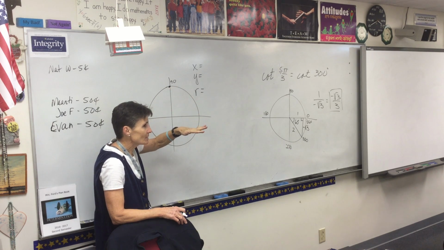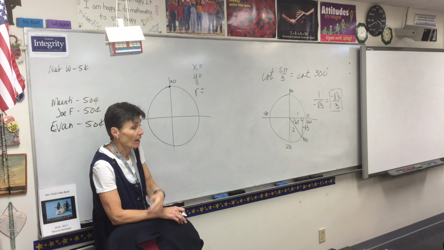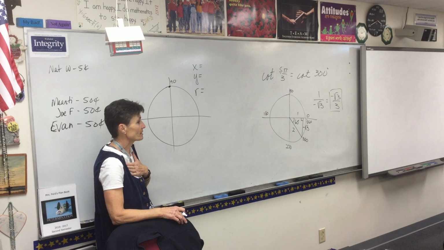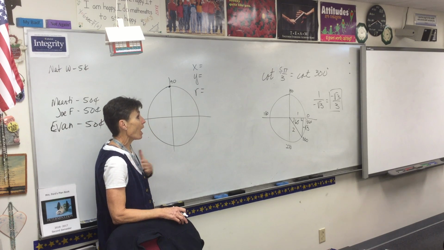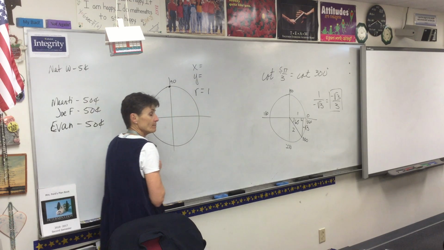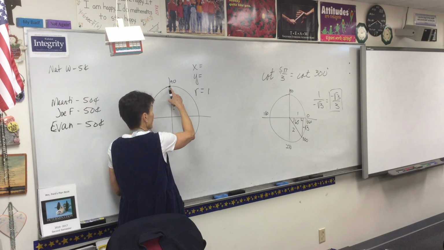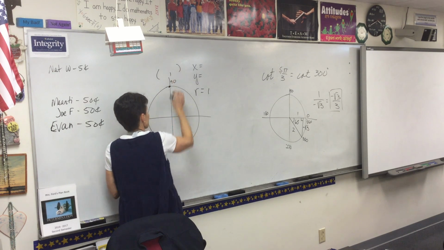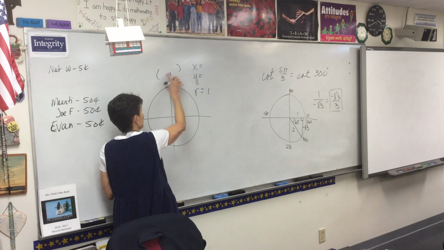Here's the fun part. You get to make up whatever radius you want. Now, personally, being the lazy bum that I am, I use 1 because 1 is the easiest number to work with. So I always say, I'm going to let my radius be 1. If my radius is 1, then what are the coordinates of this point? If this is 1, then what's this point? 0, 1.